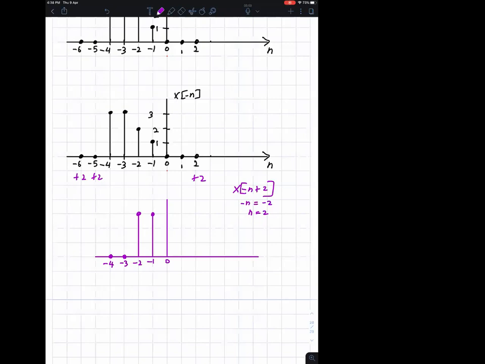So -2 plus 2 is 0, and then this gets shifted over here.